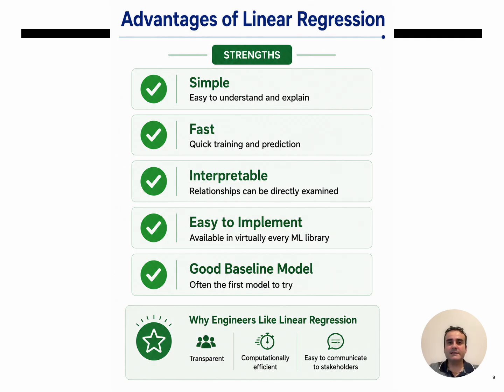We can directly examine the coefficients and understand how each input variable affects the output variable. Because of this, linear regression is often used as a baseline model. Before using more complex methods, it is useful to ask, can a simple linear model already provide acceptable performance?